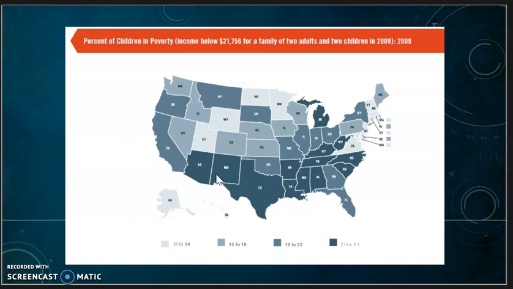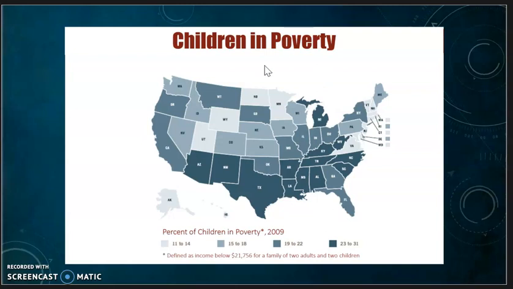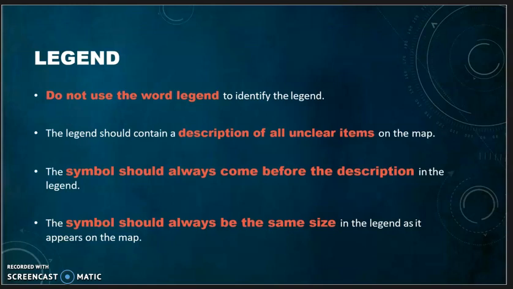So your title needs to be really short and concise, and then you should have other descriptive text down here and titles for the other information on the map. Here we have a really clear and short title, Children in Poverty, and the rest of that information is distributed in the rest of the map and in those supporting map elements.